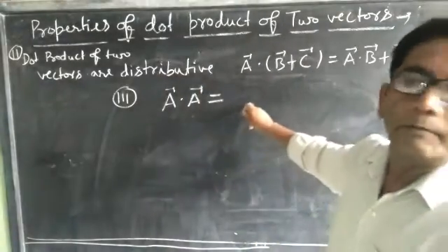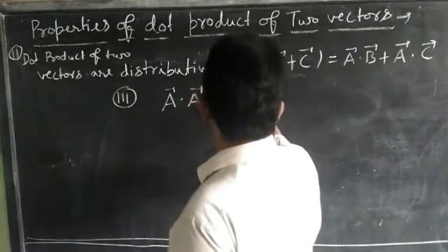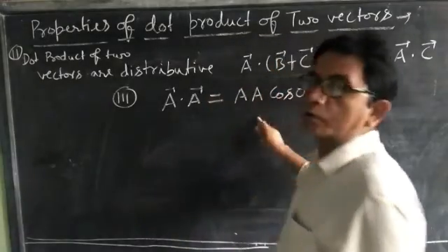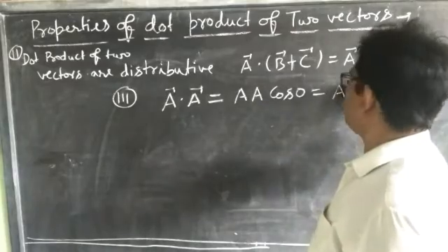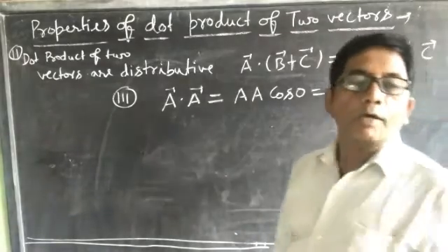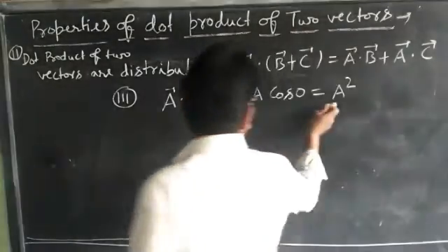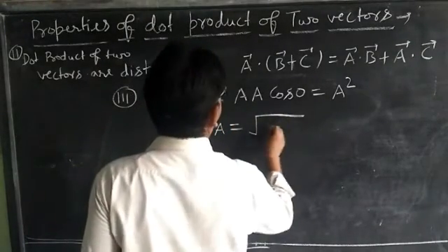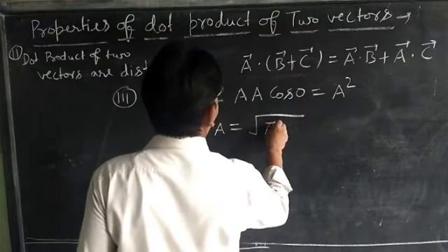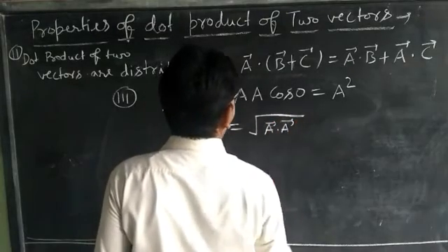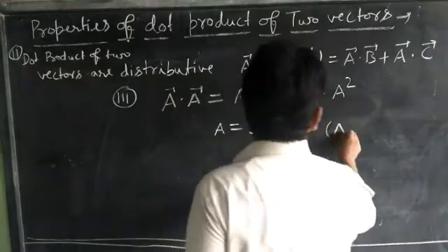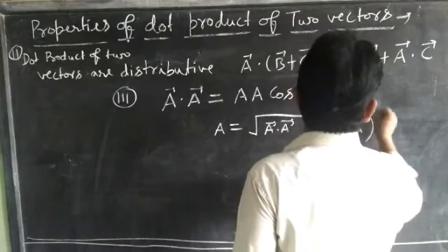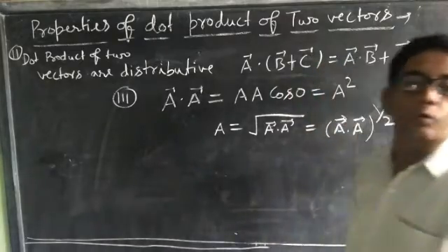A squared cos 0, and cos 0 is equal to 1, so that is A square. Then the magnitude of vector A is equal to the square root of vector A dot vector A. This can also be written as vector A dot vector A to the power 1 by 2.